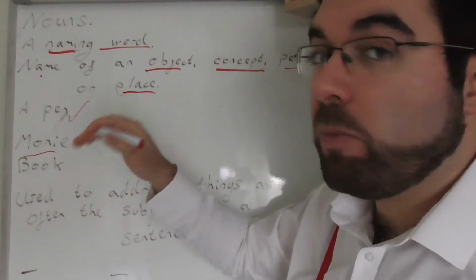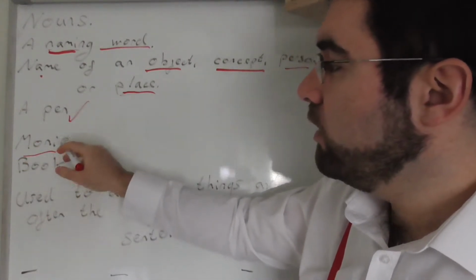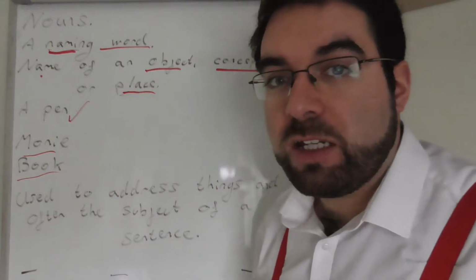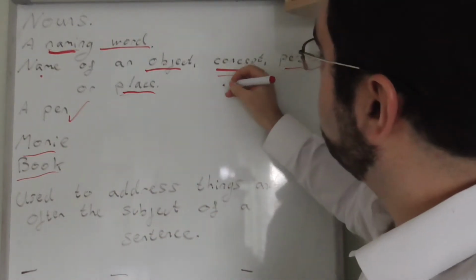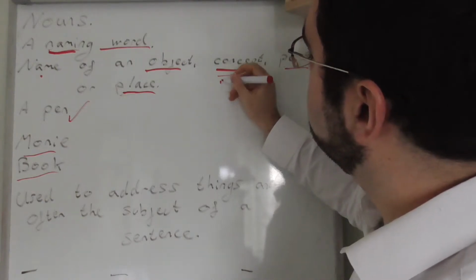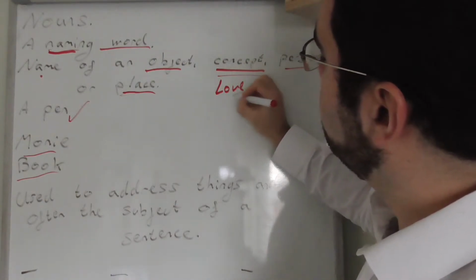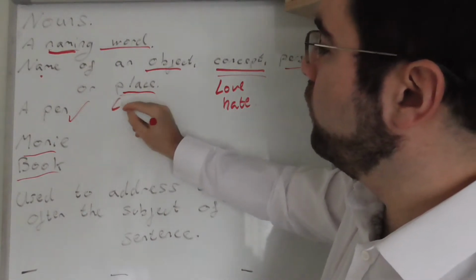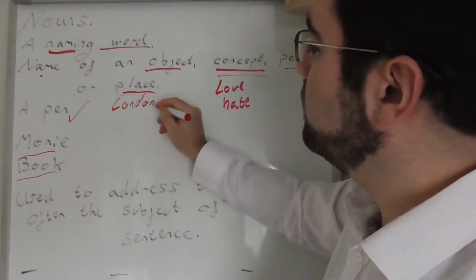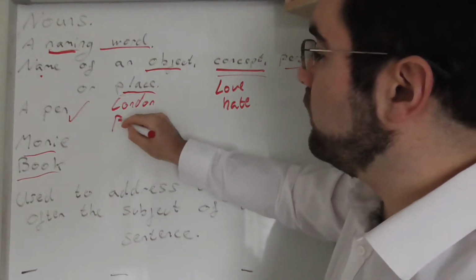Monie, that's the name of a person. So object, person, and book, well, object. And a concept, so we could say love, hate. Love, hate, a place, anything, London, and anywhere, say Berlin.